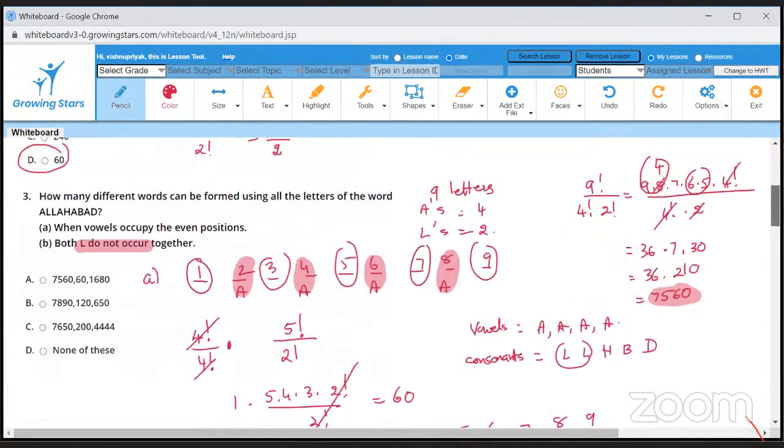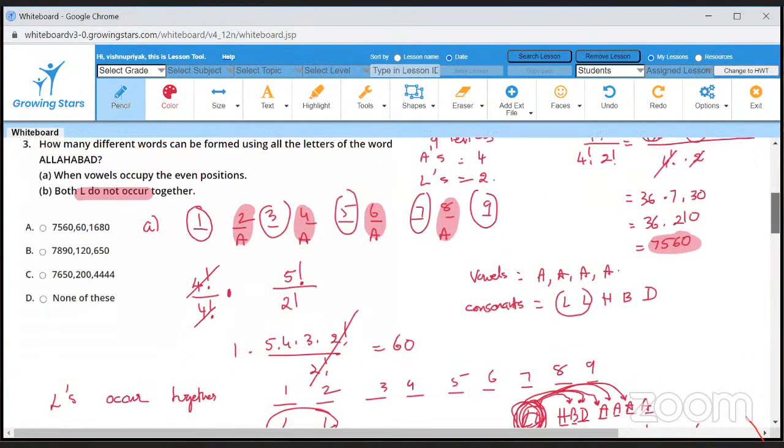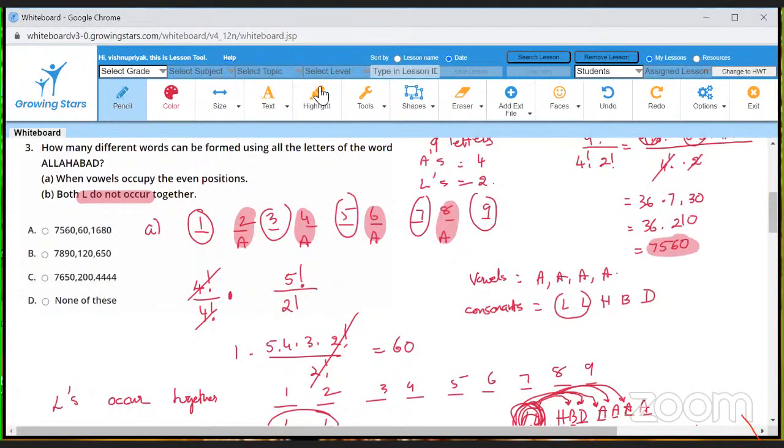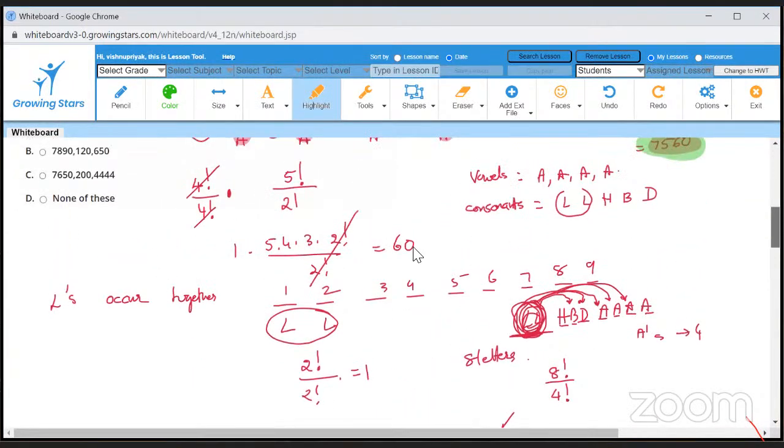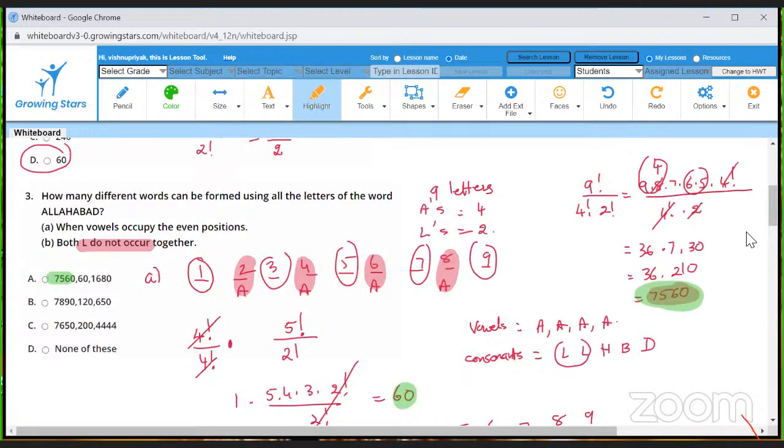So we have 3 options. First one, I'll color with green. First answer, 7560, is present in the first option. Second one, answer I got 60, it is present in the A option.